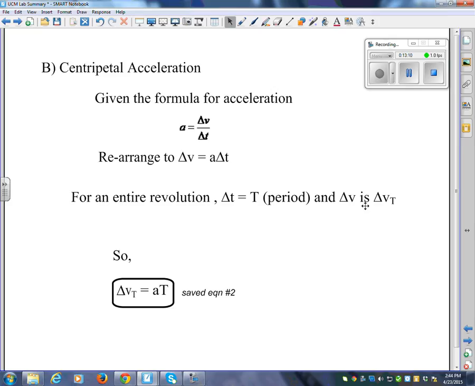And for delta v, I'm going to put another subscript, delta vT, the total change in velocity. In other words, I want to know the total change after it goes all the way around, not just part of it. I rearrange that to delta vT equals a times T, and I'm going to call that equation number 2. I'm channeling all this towards coming up with that value for k, and I promise I'll get there.